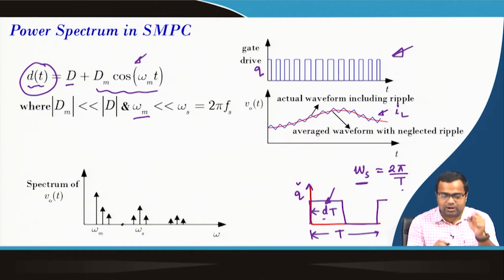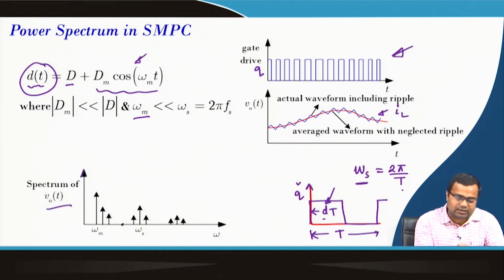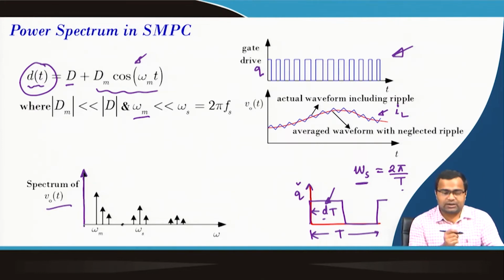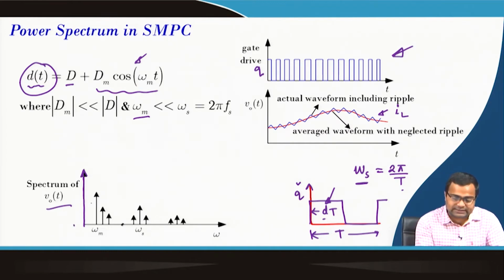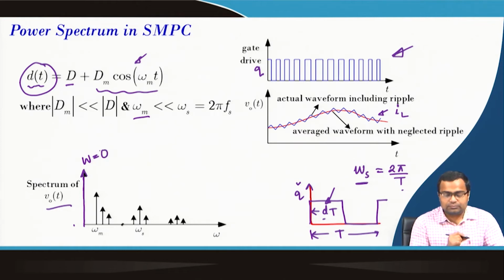And if we draw the power spectrum of the output voltage, first there will be a large component of the DC quantity. Along with the DC quantity, we will also have some components on the right side and left side due to modulation. This is the DC component, where omega equals 0.